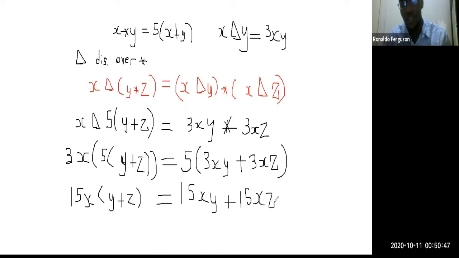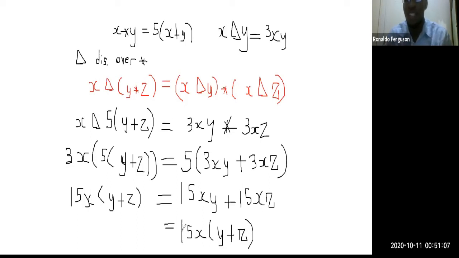And so what we can then do is factorize out 15x, and we get 15x times y plus z. And so clearly our left hand side is equal to our right hand side.